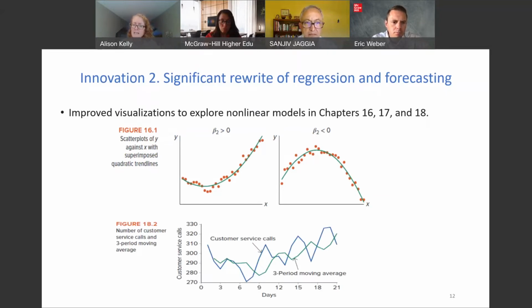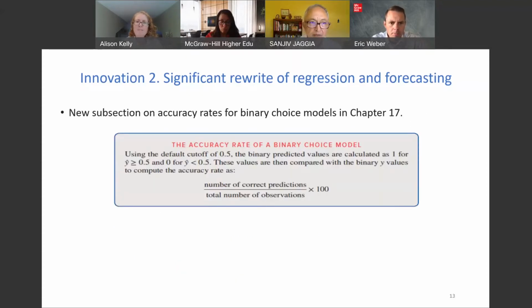forecasting. In this case, we show just how smoothing gets rid of the jagged edges of the actual raw data. And finally, we show how to use or how to calculate an accuracy rate in a binary choice model.